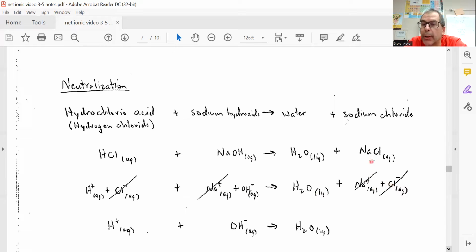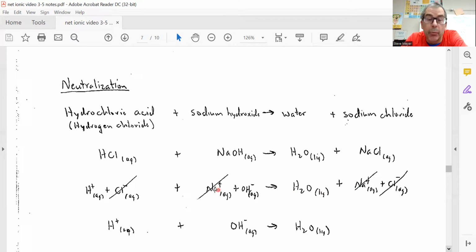If we look at solubility rules, we have an alkali metal, so it's going to be aqueous. So the Na plus and the Cl minus are ultimately going to be spectator ions if we had to do a net ionic equation. Even though it isn't a solid precipitate, when you have an H plus combined with an OH minus, you say it forms H2O liquid, and you write it out that way.